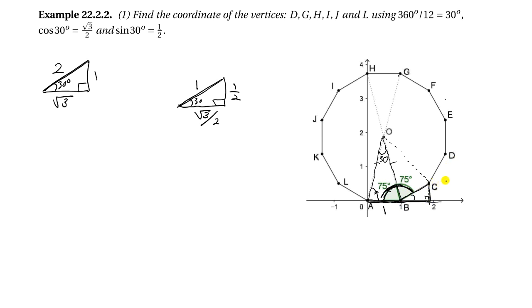So for point C, starting from 1, we add square root of 3 over 2. So the x coordinate of point C is 1 plus square root of 3 over 2. Because of that, we know the x coordinate of L must be the same as this one.